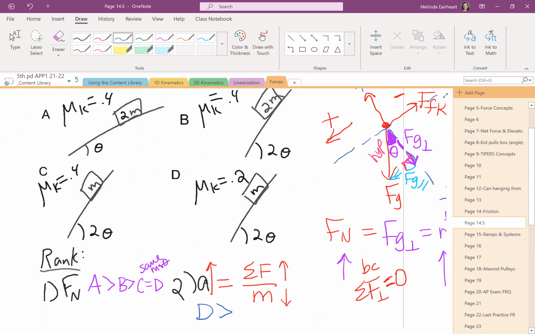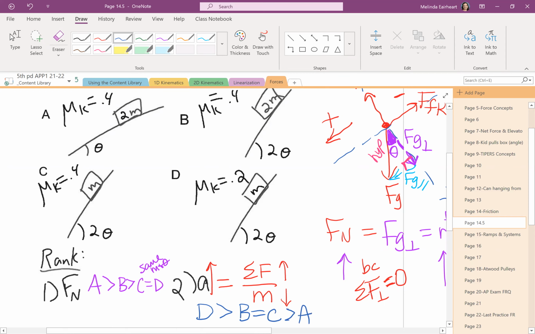The greatest angle next would be C and B. And so that's the next greatest angle, right? And notice they have the same coefficient. So if they have same angle, same coefficient, different mass, well, mass canceled out. It was independent. And so B and C would be equal.